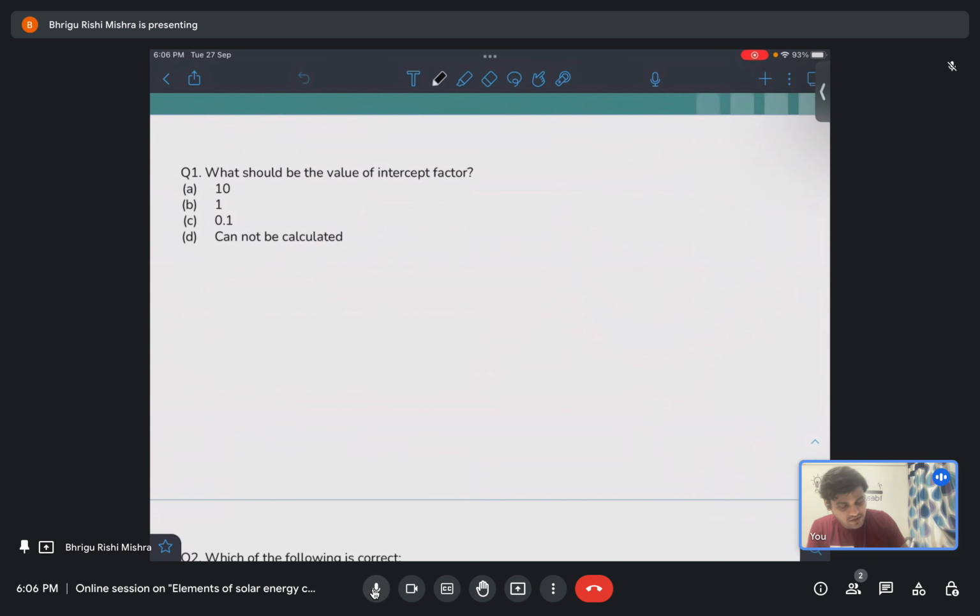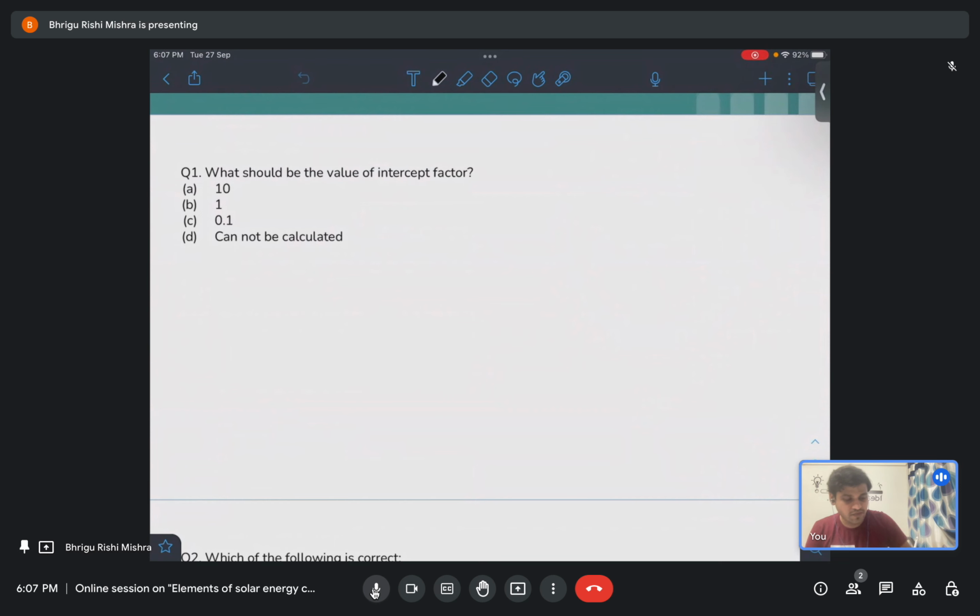So there are two essential things in this concentrating optics system. One is concentrators, which are basically mirrors, which is used to reflect or refract the incident solar radiation, mainly beam radiation here we are talking about. And that is concentrated to a receiver which consists of an absorber plate.